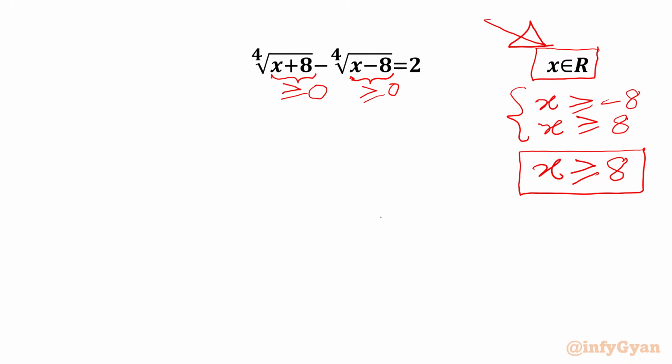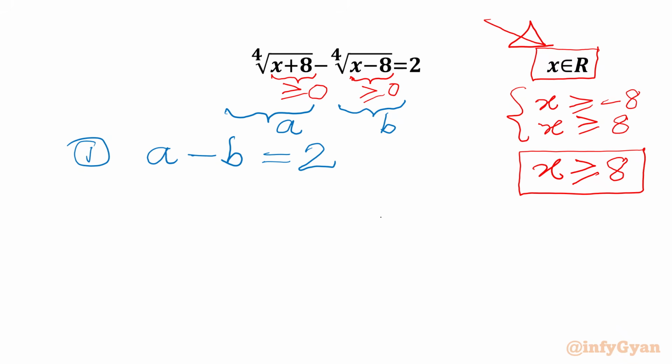Now we have to use substitutions. First, fourth root of x plus 8, suppose this is a. Second, fourth root of x minus 8, suppose this is b. So we can write our first equation: a minus b equal to 2. Now we will write our substitutions. Fourth root of x plus 8 equal to a.